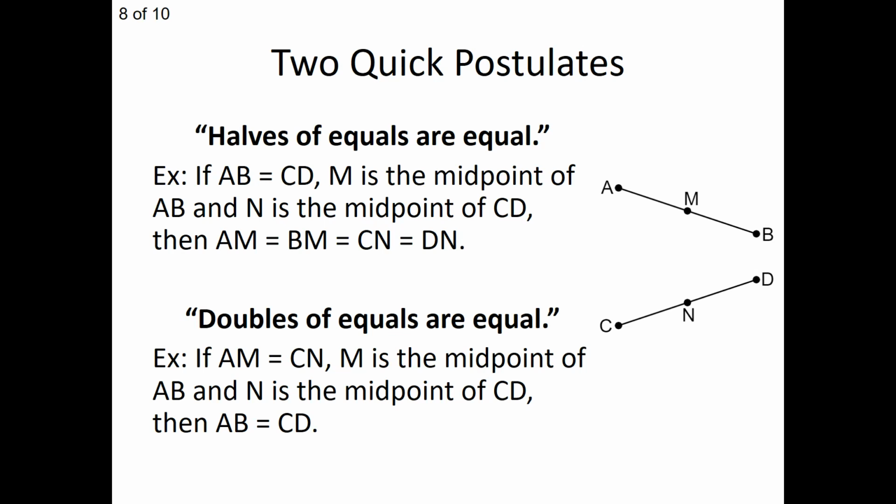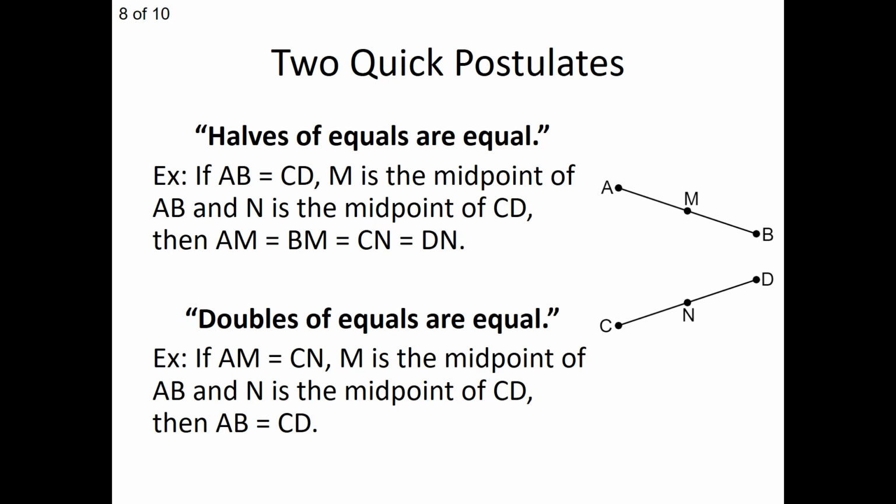Another one is doubles of equals are equal. In other words, let's say we're still given these two segments AB and CD, and that M and N are midpoints of AB and CD respectively. But what you're given in this second case is that you only know AM is equal to CN. So you know that half of the whole thing is equal to half of the whole thing of the other segment.